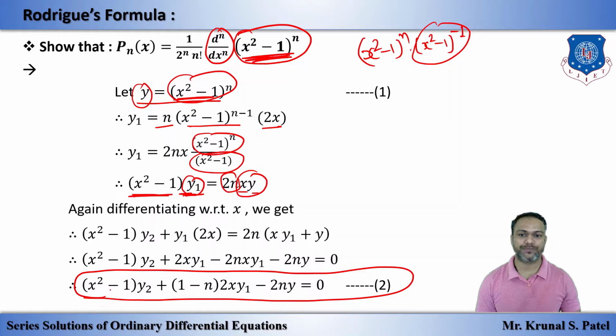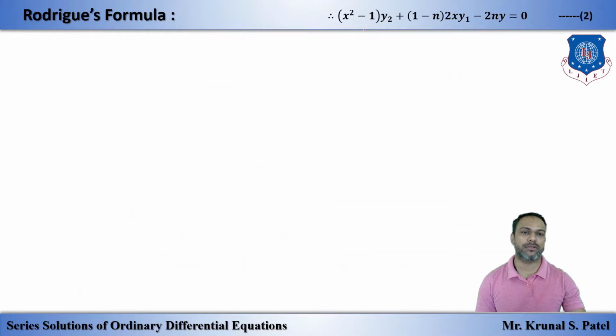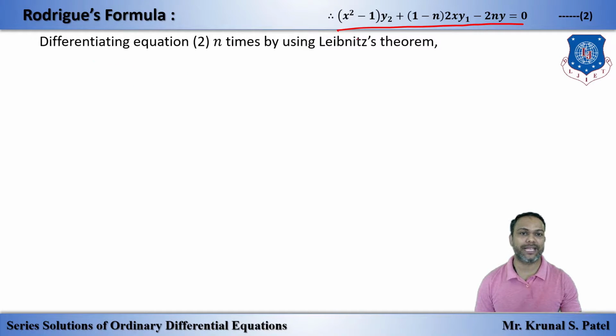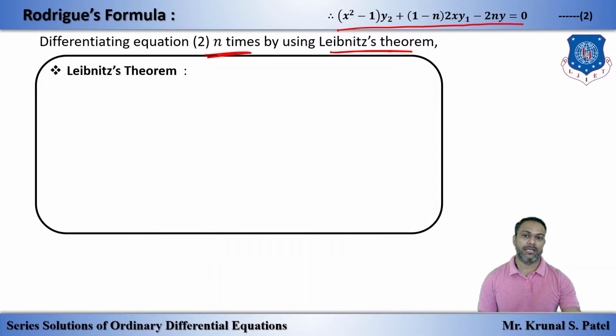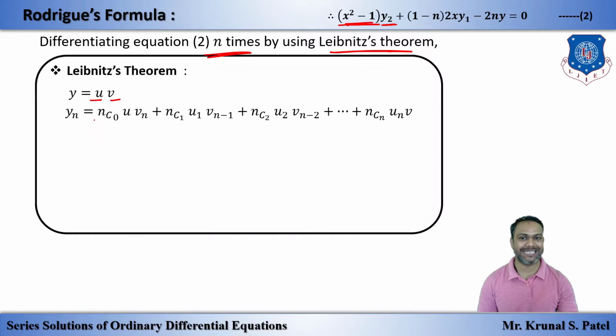So now we will write down equation number 2 here and start differentiating it n times by using Leibniz theorem. What is Leibniz theorem? Leibniz theorem is given by this formula. If we have y equal to u times v, two functions multiplied together, and you want to differentiate this n times, then the formula is: yn equals nC0, u as it is, and the nth derivative of v.